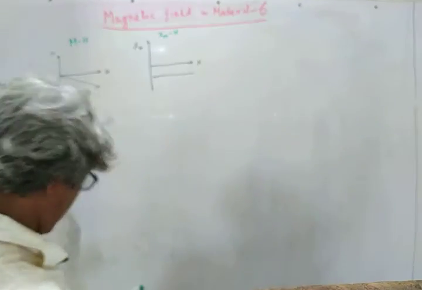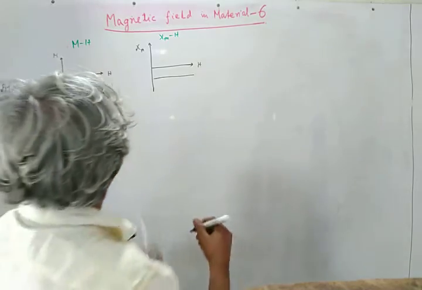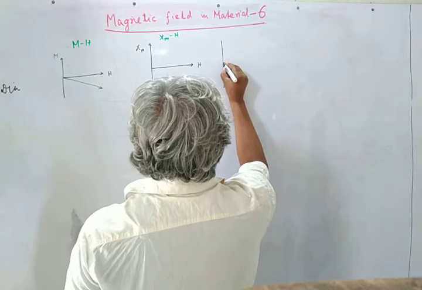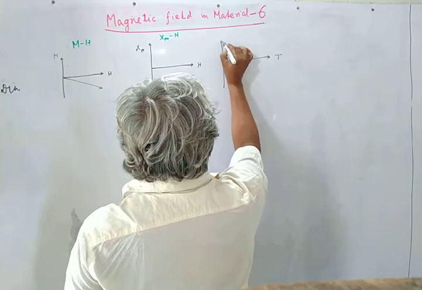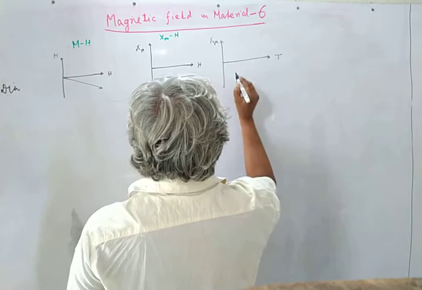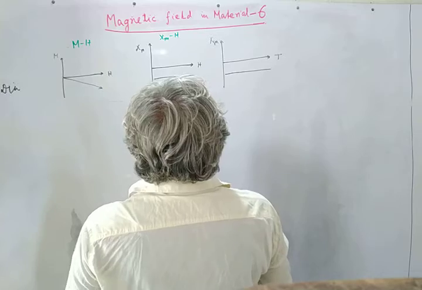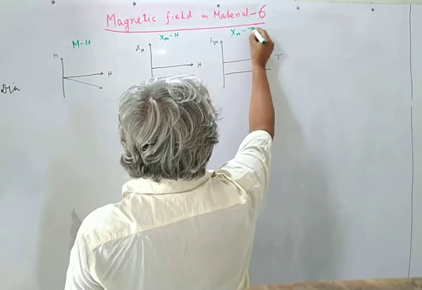Then comes the temperature dependence. There is no temperature dependence of this. So this is temperature, and this is chi_m, and it is found that it is constant. This is the chi_m-T graph.